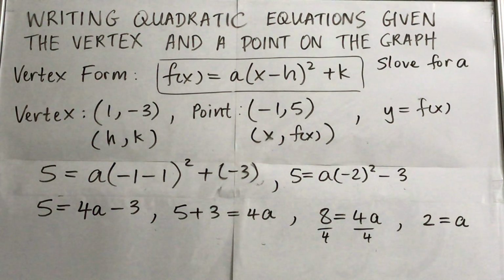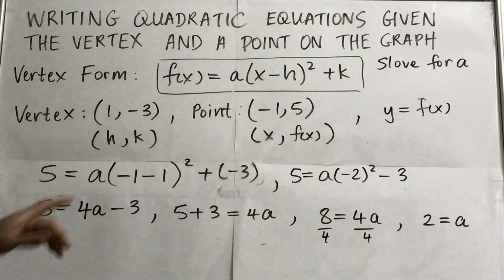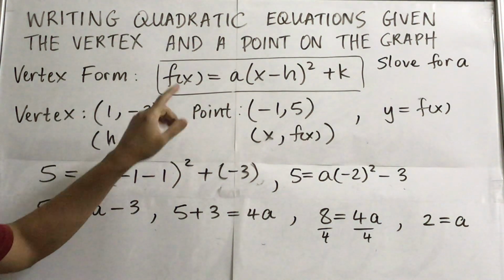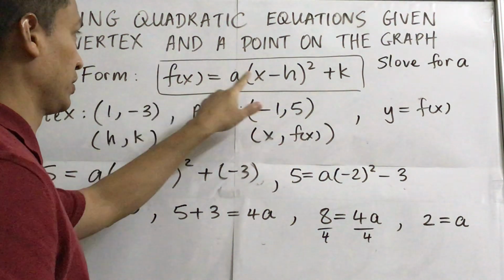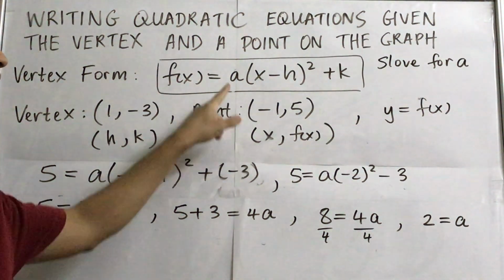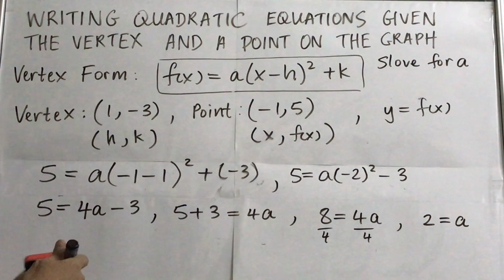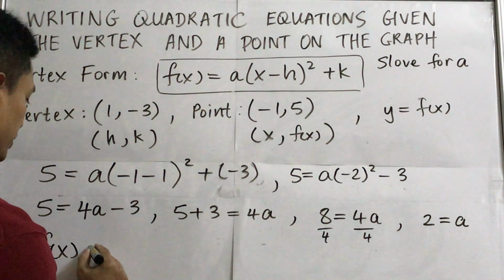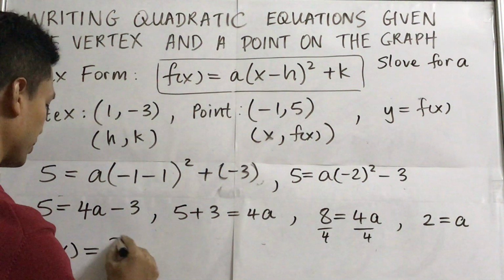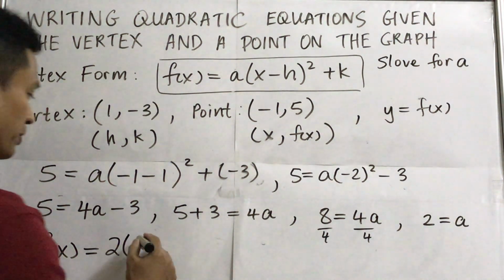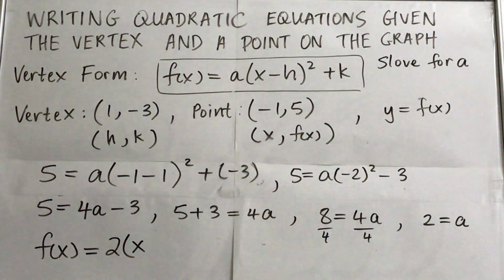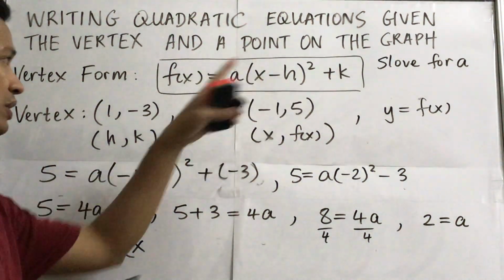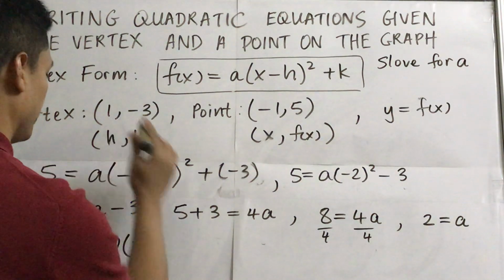So now we can rewrite our quadratic equation. Now, what do we need to rewrite? Let's go back to this equation here. An equation should always have the f of x and x. A is something that we just found out, so we are going to substitute it. It's 2. We need your x to be there. Then we need to substitute the h, which is 1.